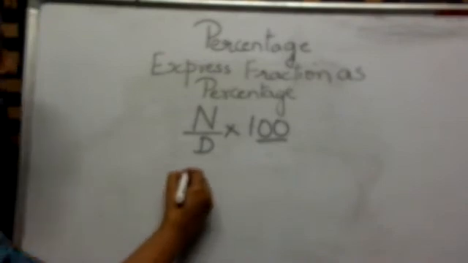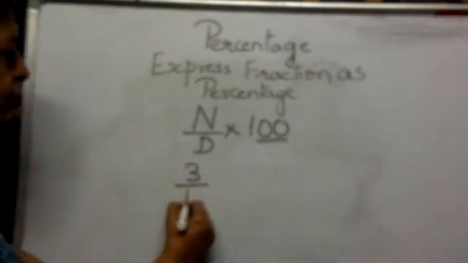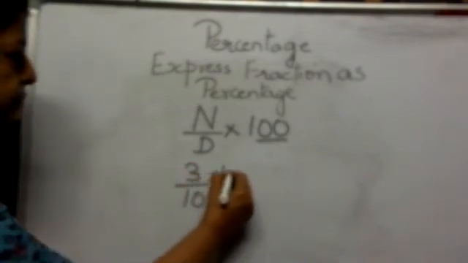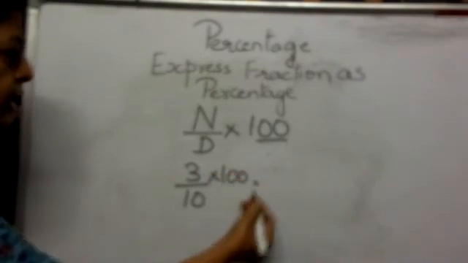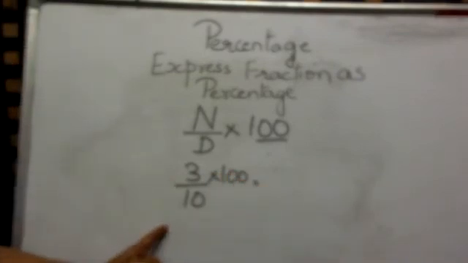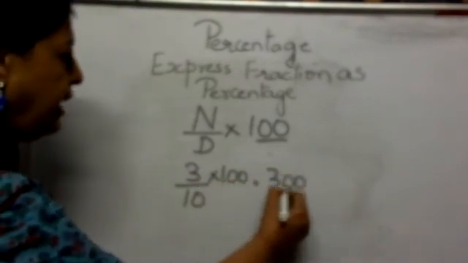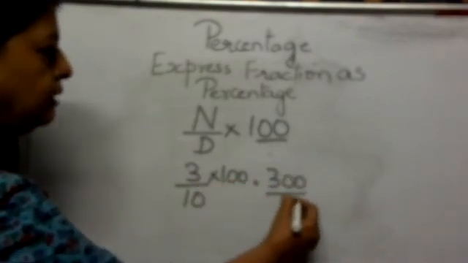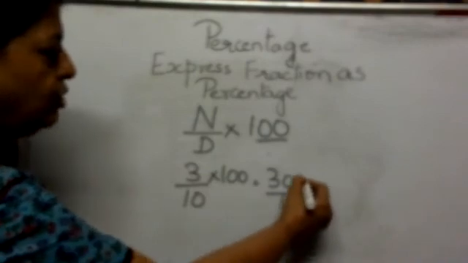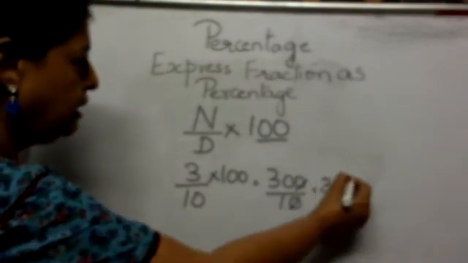Suppose it is 3 by 10 into 100. Okay, children? Either you can multiply first: 3 into 100 is 300, and then divide by 10. This 10, this 10, this 0 can be cancelled, 30%.